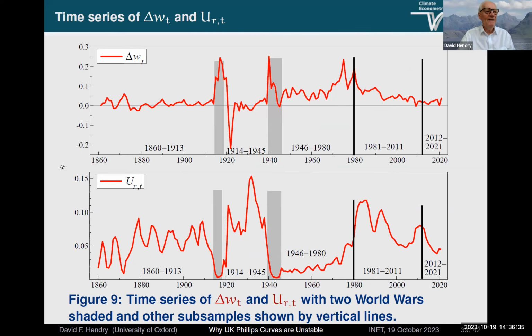Now let's look at the data, and we begin to see something of what's going on. This is Bill Phillips' period. This is the First World War, the Second World War. That's the interwar period. This is the post-war reconstruction and then the oil crisis. That's the next cutoff date. This is the Thatcher era right through to when Jenny and I first tried this model.